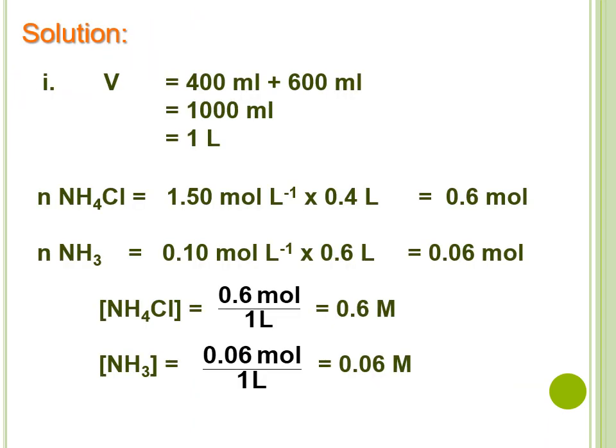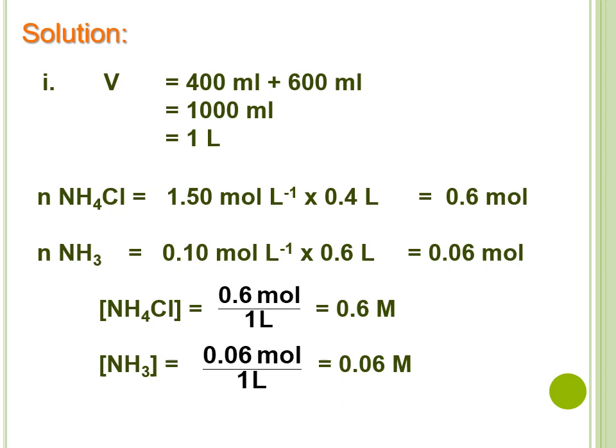Okay, maybe this one I did not emphasize in question 1. The total volume of the buffer system is the combination of base and salt. So 400 ml and 600 ml, we need to add up to become 1 liter. Then we will find the number of moles for each substance.